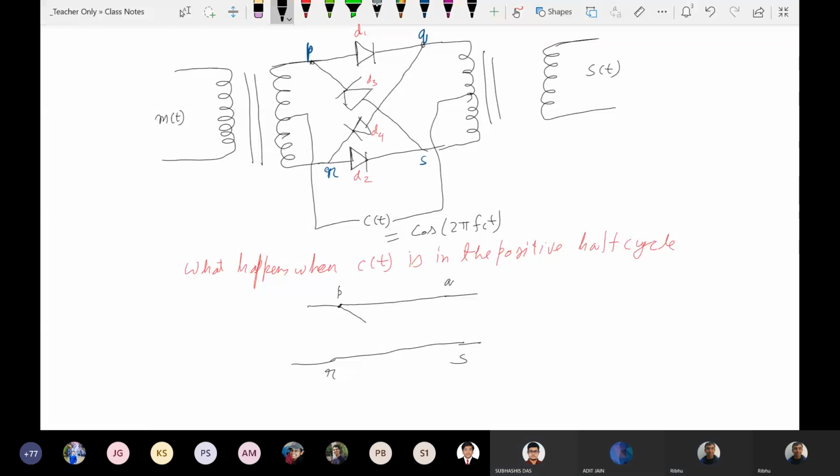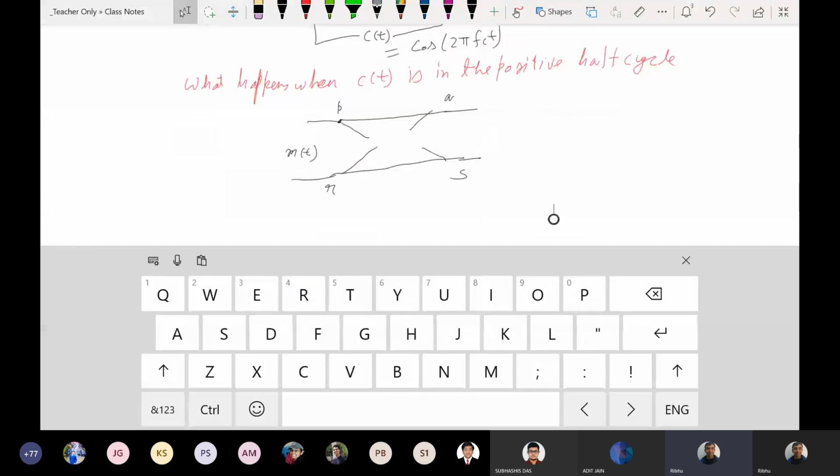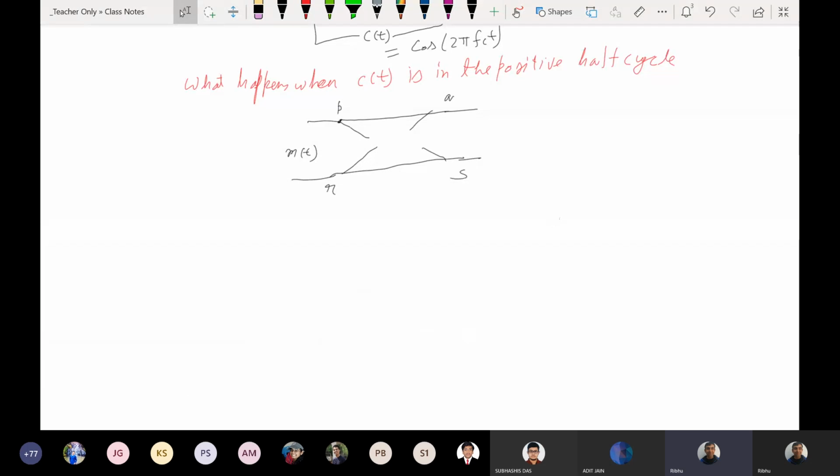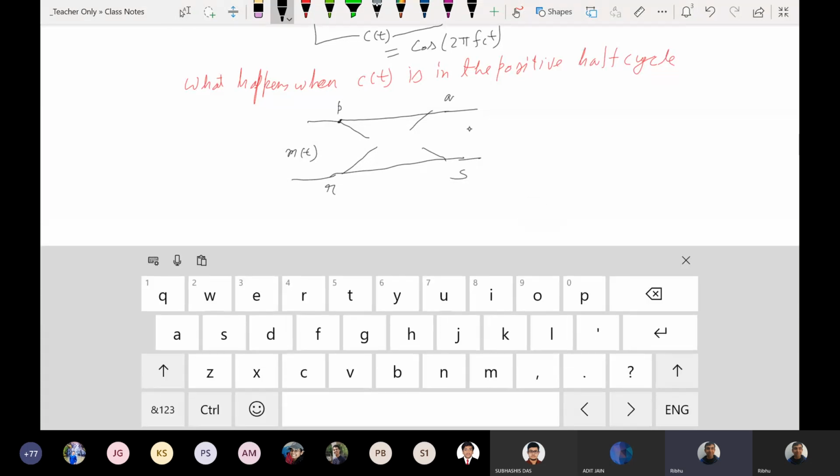So this is what the m(t) is, and let me call this x(t) instead of s(t), because we use s(t) for the modulated signal, and we don't have the modulated signal yet. So let's not prejudice you. Let's call this x(t).